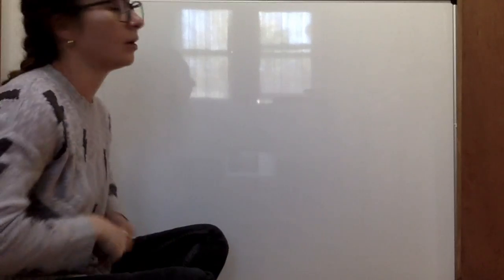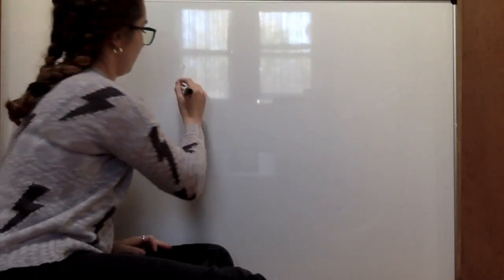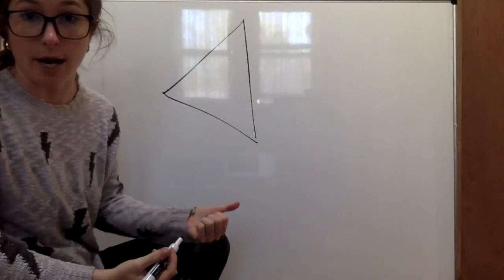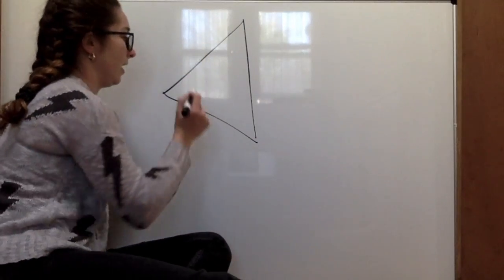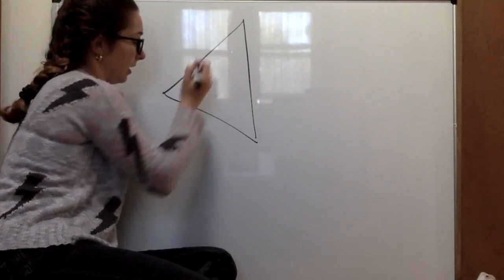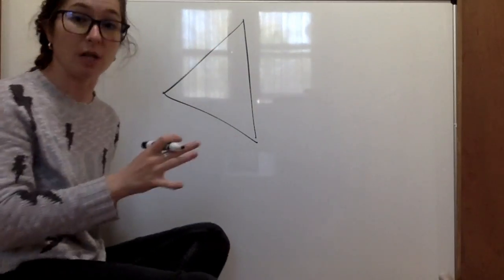What happens if we don't have a pair? If we have a triangle, and all we have is either the three side lengths, or what some like to call SAS, or we have a side length, an angle, and then a side length, but not any corresponding pair that we can use law of sines for.